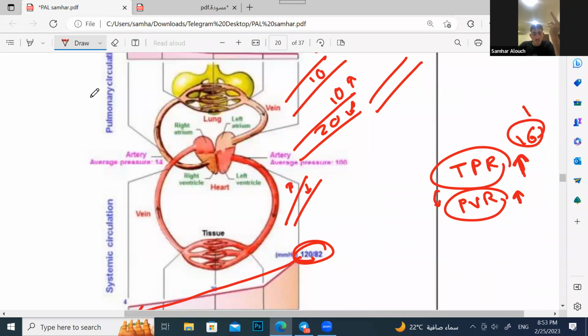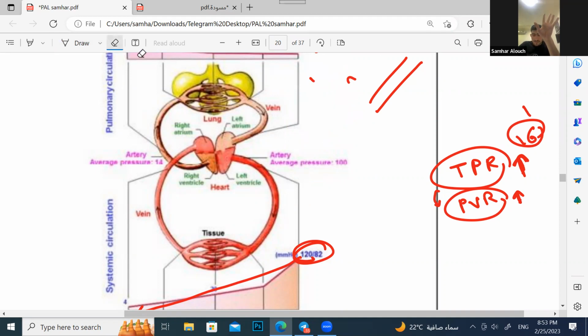So why is it not important? Look at this. In the systemic circulation, normally the blood vessel pressure is 120, okay? And let's say the outside is 0.